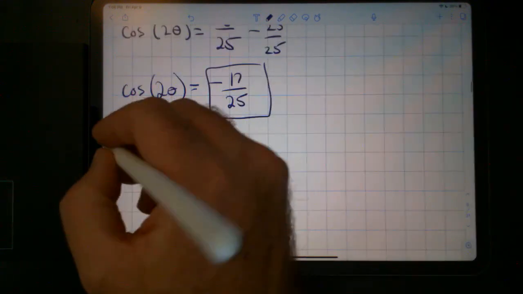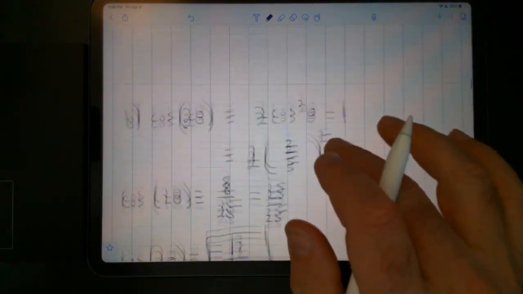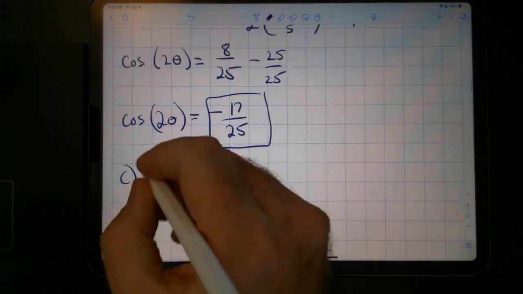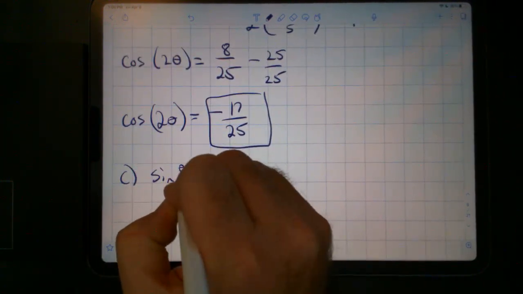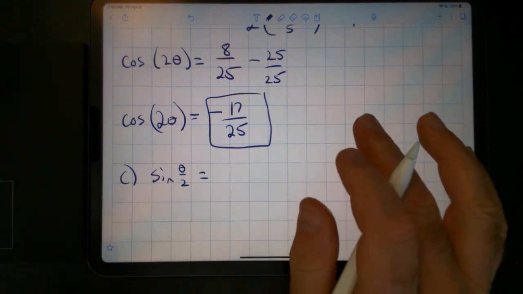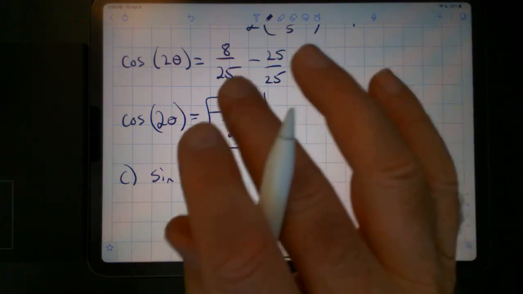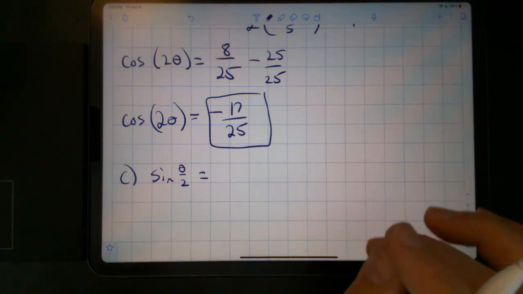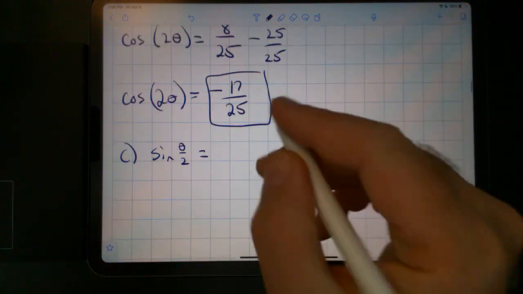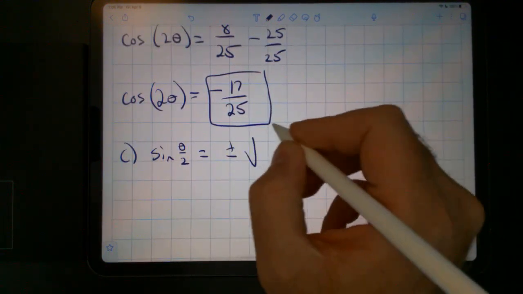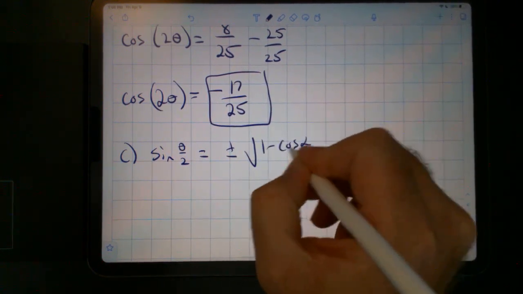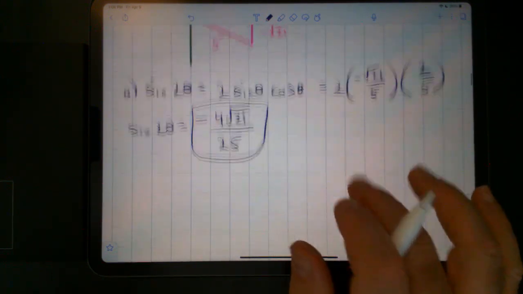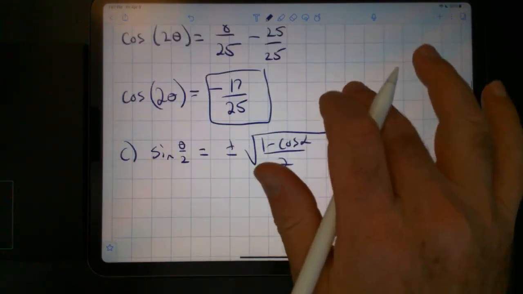Okay. For part C, sine of theta over 2. So this will be plus or minus the square root of 1 minus cosine theta over 2. Since we are in quadrant 4, this will be the negative component.